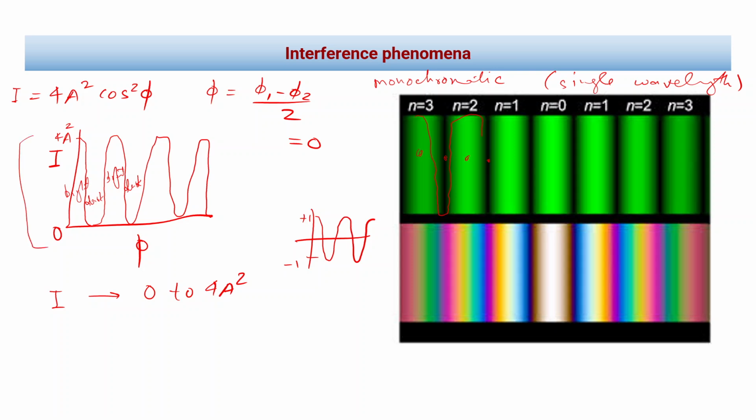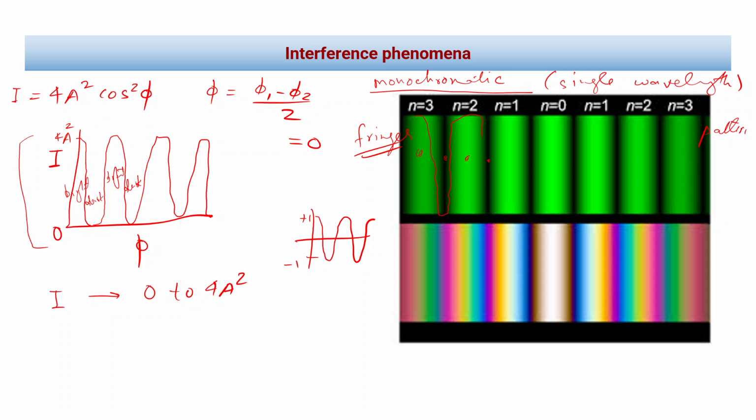This kind of pattern, maximum amplitude and then darkness, seen in the case of monochromatic waves, we call fringes.